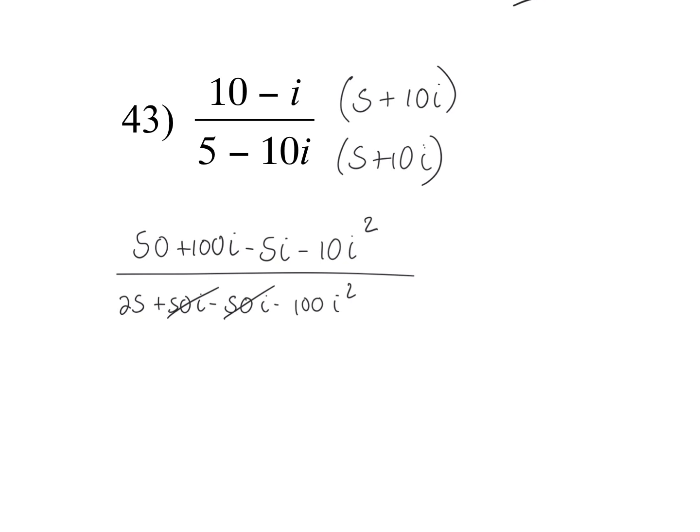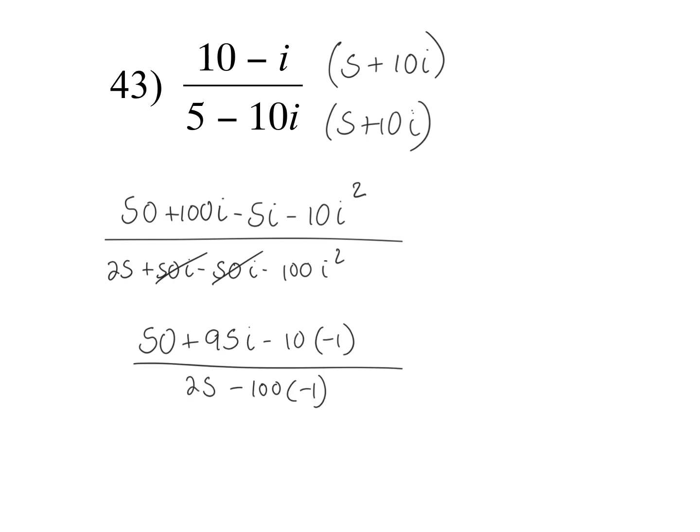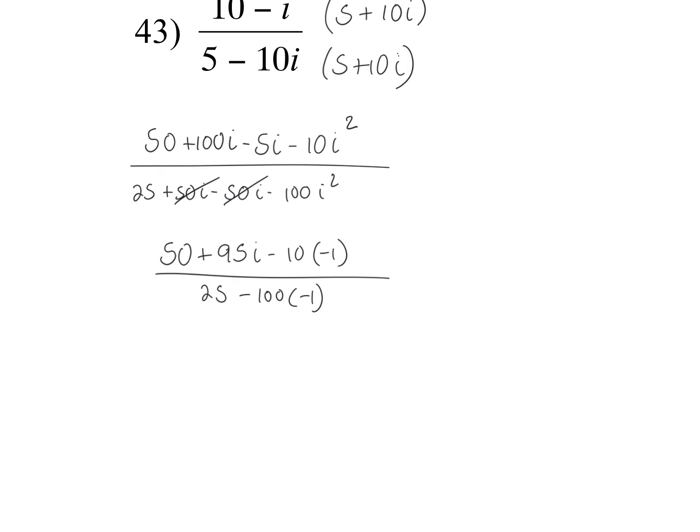These cancel. I'm going to combine what I can, and wherever there's an i squared, I will put in a negative 1. So it's going to be 50 plus 95i minus 10 times negative 1 over 25 minus 100 times negative 1. That's going to become 50 plus 95i plus 10 over 25 plus 100.